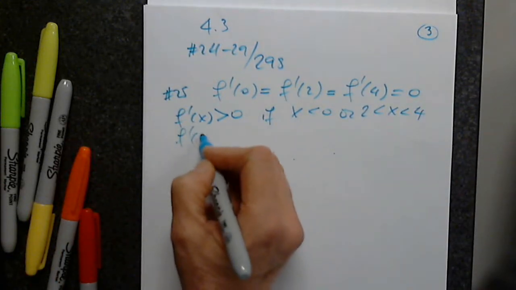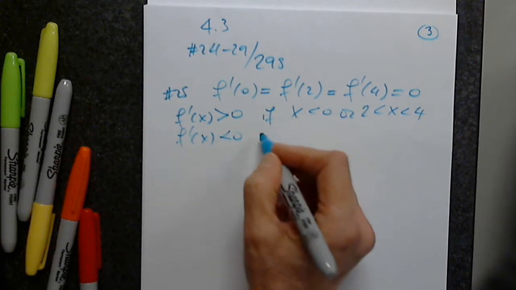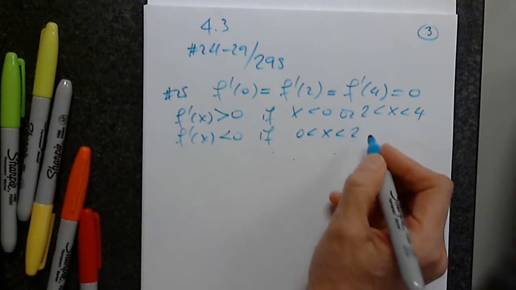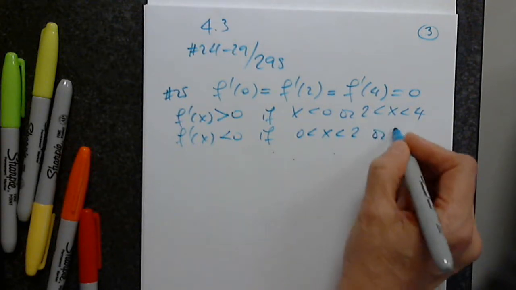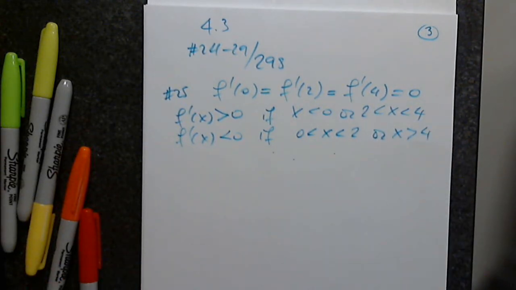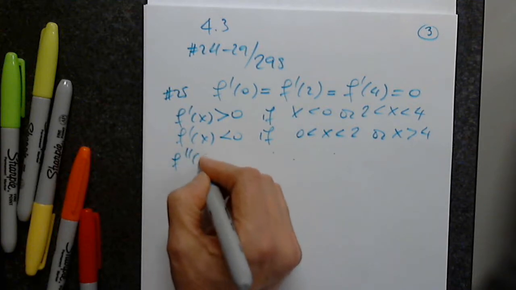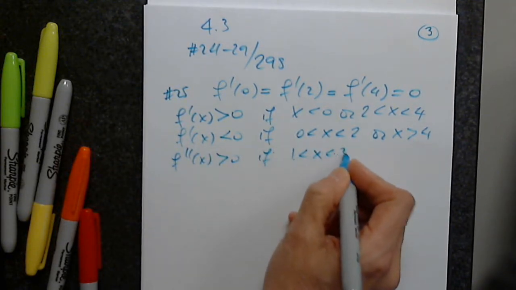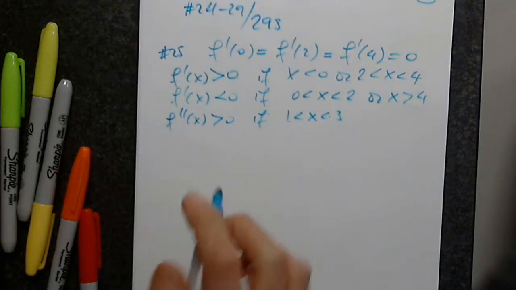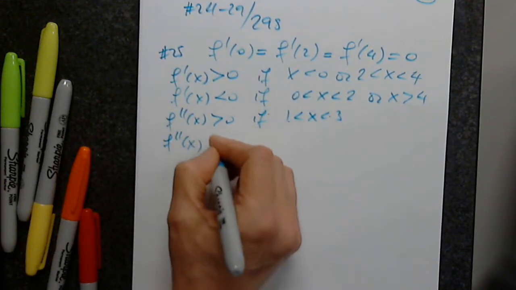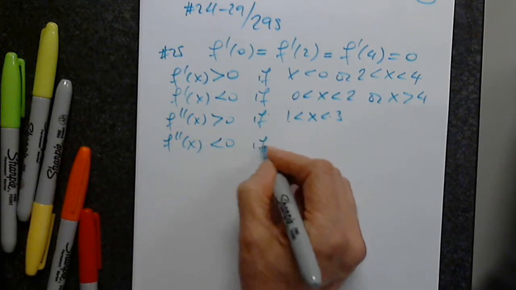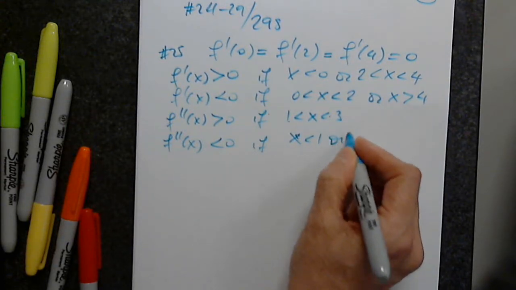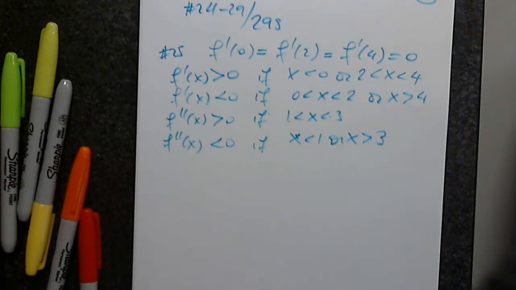F prime of x is less than 0 if x is between 0 and 2 or x is greater than 4. F double prime, the second derivative, is greater than 0 if x is between 1 and 3. And the second derivative is less than 0 if x is less than 1 or x is greater than 3.